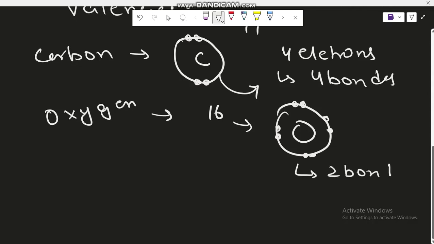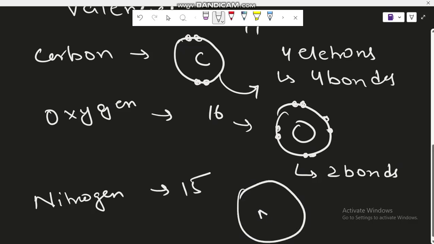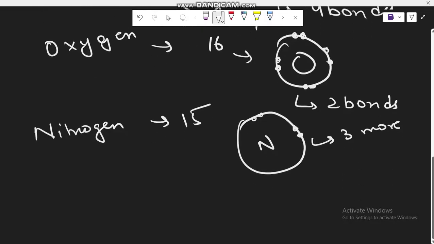On the other hand, we have nitrogen. Nitrogen has the electronic configuration of 15, and its outermost shell has 5 electrons, which means it needs 3 more electrons to form a stable compound, so it can form 3 bonds.